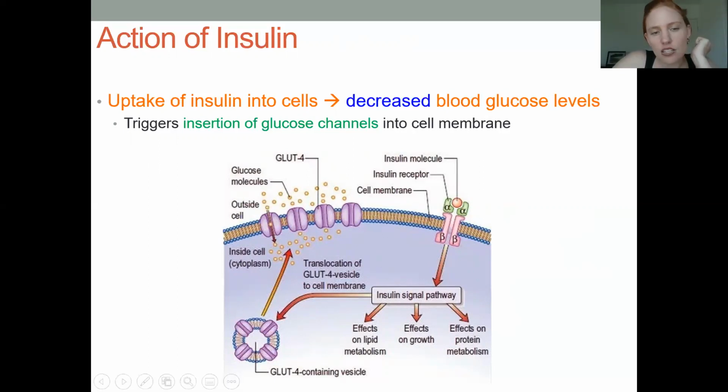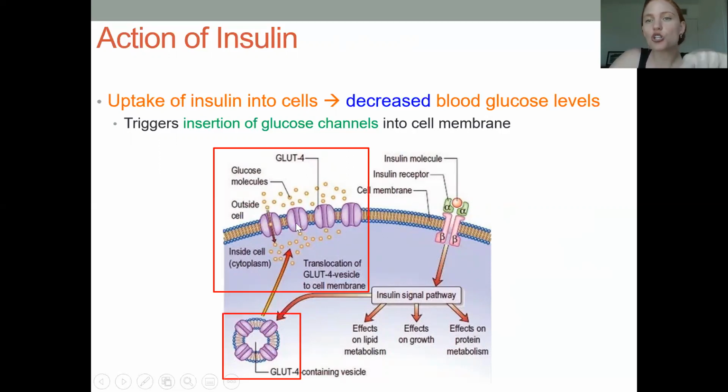What that does is cause a vesicle floating inside the cytoplasm to go up to the surface and fuse with it. When it fuses with the surface, it inserts glucose channels into the surface of the cell. Those glucose channels are stored inside the cell in vesicles, and with the presence of insulin, they are inserted into the membrane.